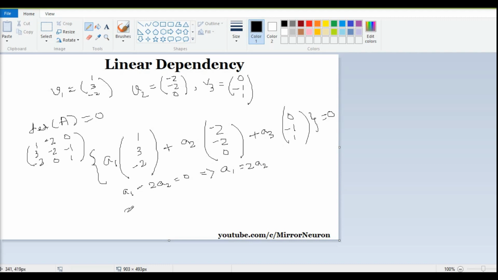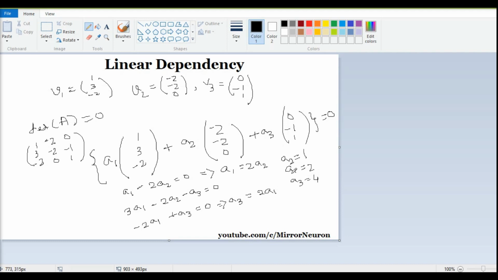The second equation becomes 3 times A1 minus 2 times A2 minus A3 is equal to 0, and my third equation is 2 times A1 plus A2 times 0 plus A3 is equal to 0, and this implies A3 is equal to 2 times A1. Okay, so let me take A2 equal to 1, so that means my A1 becomes 2 and my A3 becomes 4.